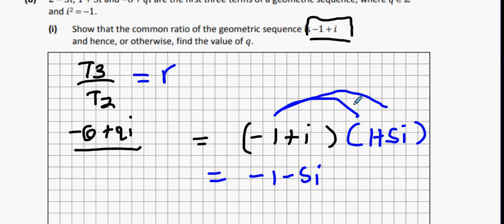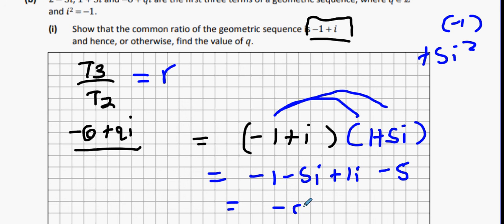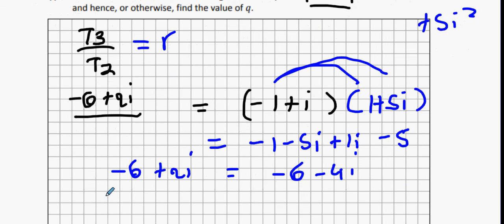Minus 1 minus 5i plus 1i, and then plus 5i squared, that's a minus 1, so minus 5, and as predicted we get the minus 6, and we also get minus 4i, and this means that qi must be the same as minus 4i, and therefore q equals minus 4.